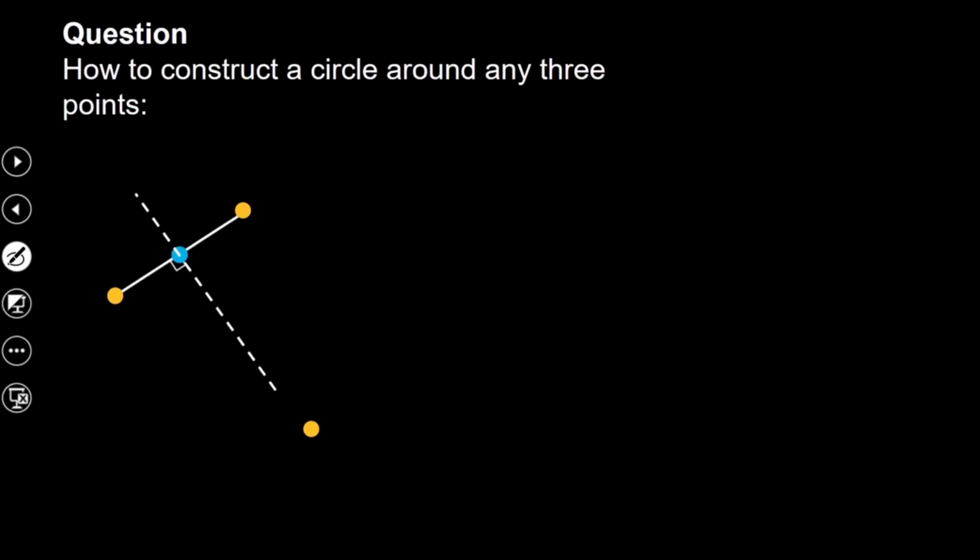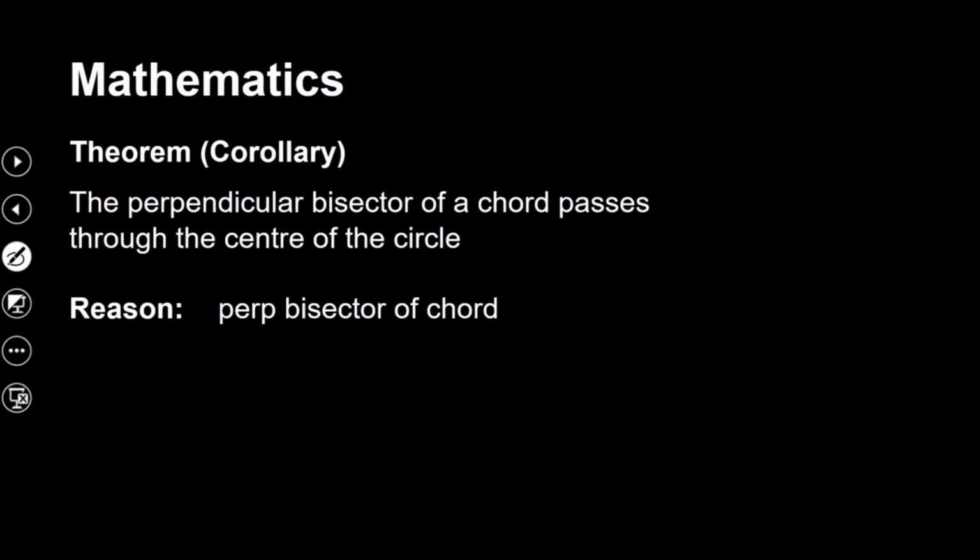Now, to do that, the very first thing that you will need to do is to construct a perpendicular. Remember when we started, we looked at the concept of any line from the center perpendicular to the chord actually passes through the center, right? So you know that. So to construct that, you'll need to construct a perpendicular bisector of that line. Also, the perpendicular bisector of a chord normally passes through the center of the circle, right?